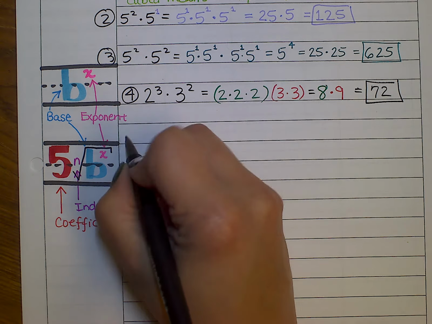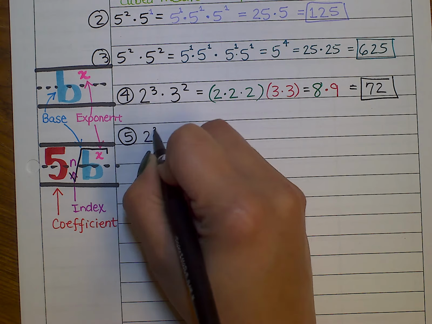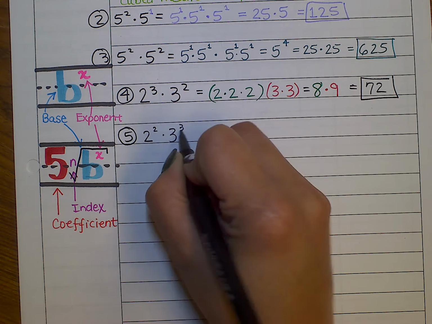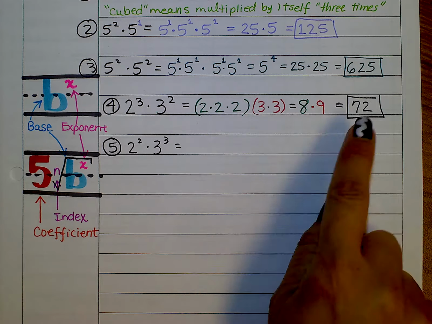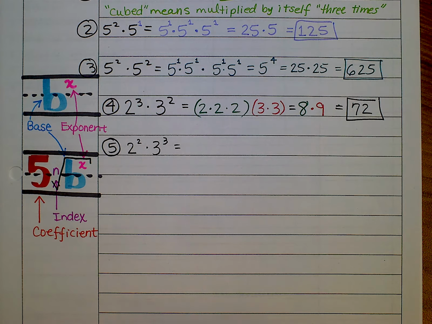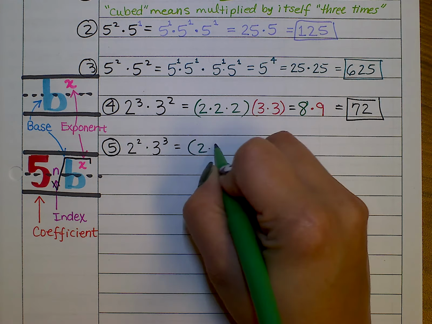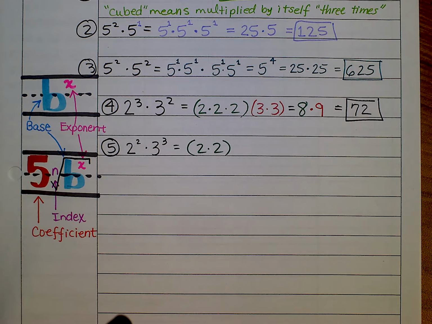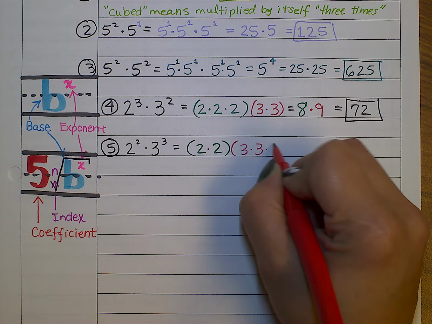Okay, let's try something similar but different. How about 2 squared times 3 cubed? Now it looks very similar, sometimes you might think that you end up with the same answer, but that wouldn't be the case. Here we have 2 times 2 times 3 times 3 times 3.